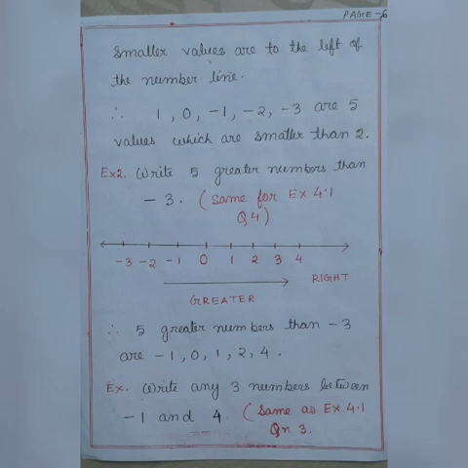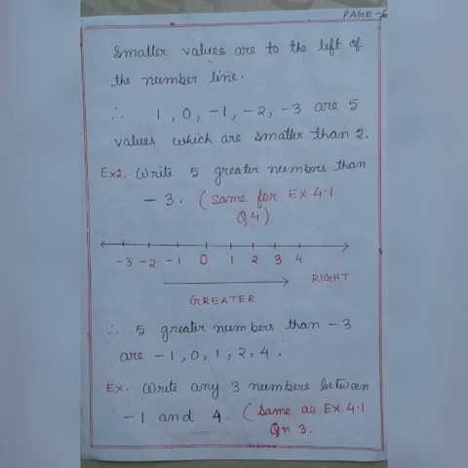Now I have to write 5 greater numbers than minus 3. I can see that the numbers which are greater than minus 3 are minus 1, 0, 1, 2, 3, 4, 5, 6, like that. You can pick up any 5 numbers of these numbers from the right side of minus 3.